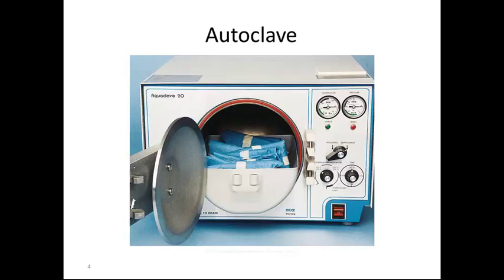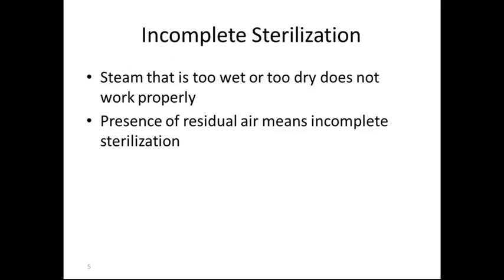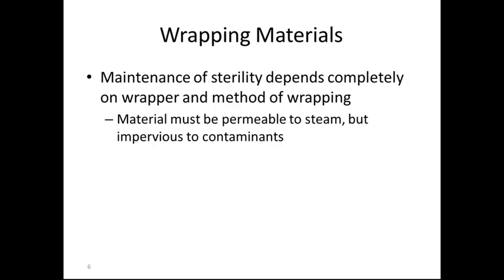The average temperature for the autoclave should be between 121 to 123 degrees Celsius. Incomplete sterilization happens when the steam is too wet or too dry and does not work properly. This can happen due to the presence of residual air, and it means incomplete sterilization.